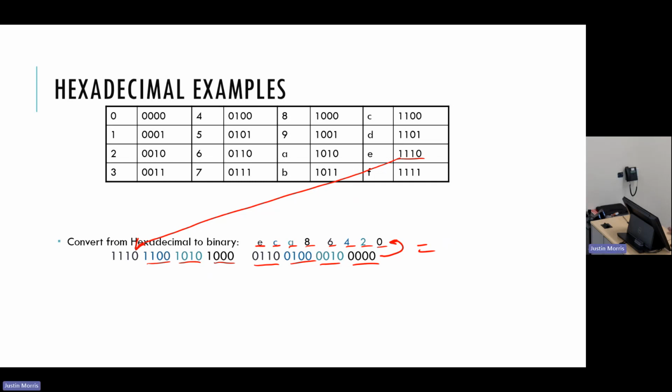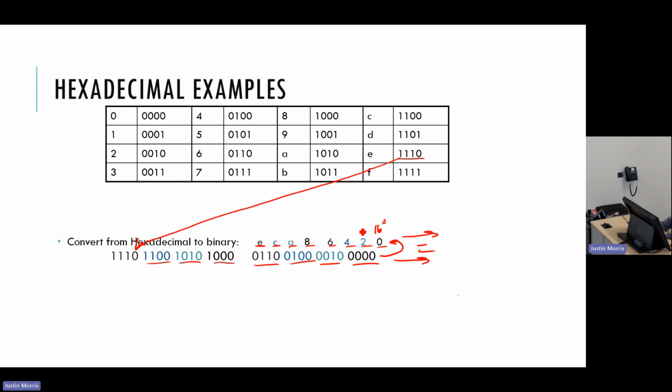And you could double check this by computing the decimal representation of this and the decimal representation of this. And we're not going to do that because this is a very large number, right? But I will show you just to make sure that you know hex.